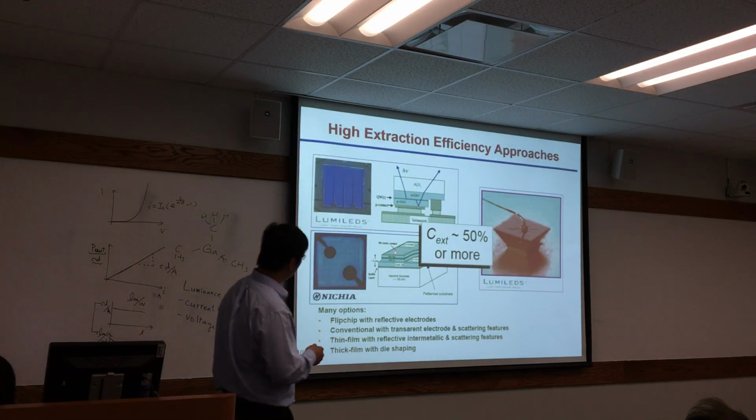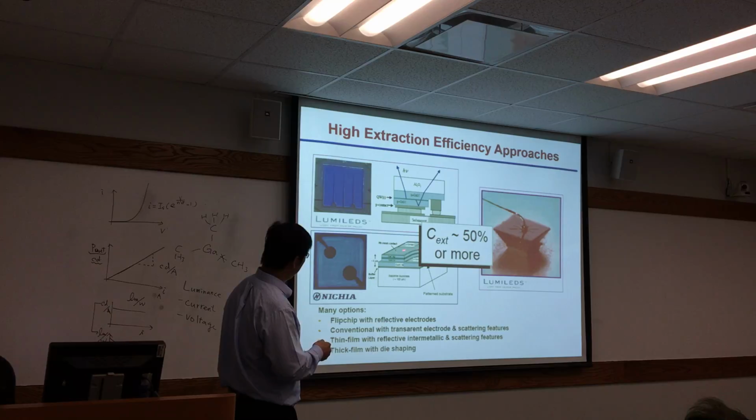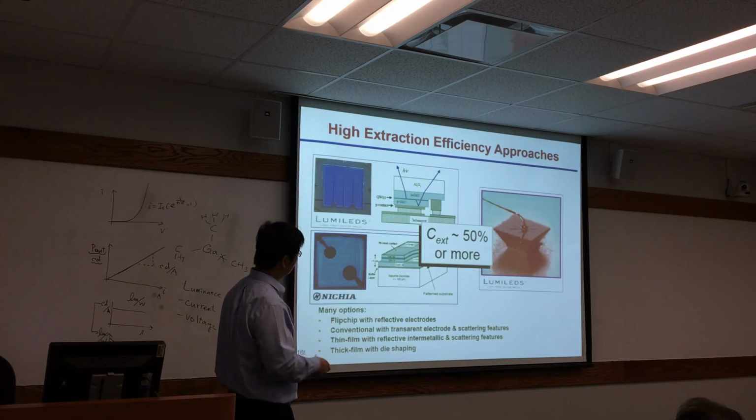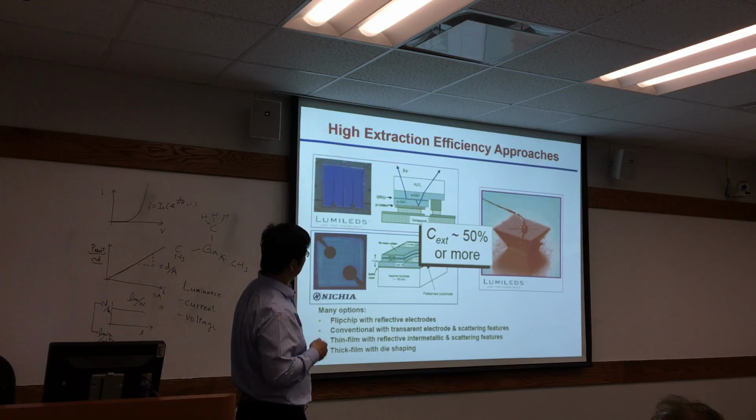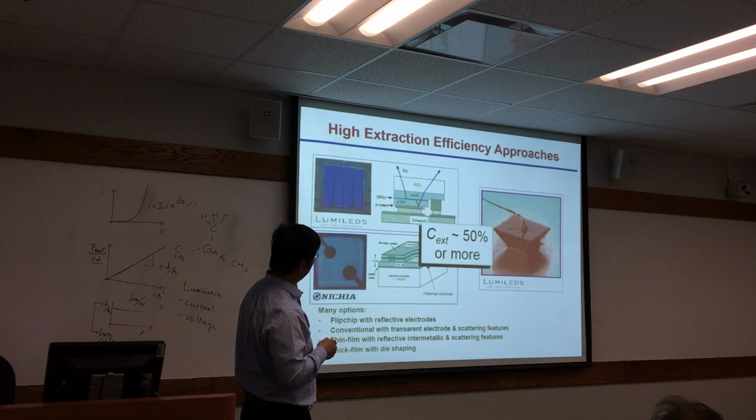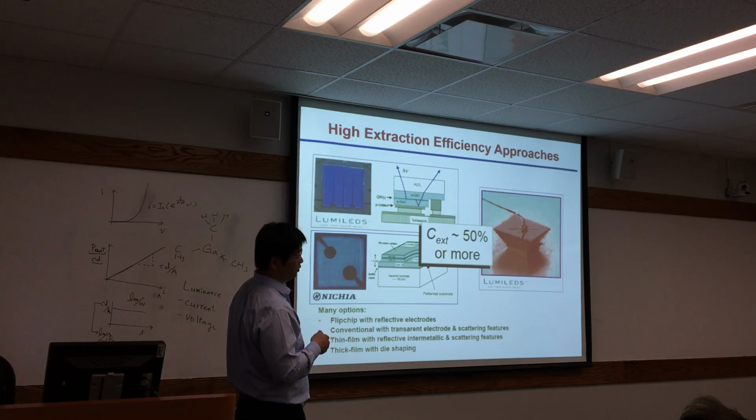For example, here they use the metal mesh, very thin metal, to improve the current spreading. And also, some people say, why not just put it upside down? So right now for P-type, we can use some reflective metal material here. Anyway, the sapphire, Al2O3, is actually transparent, so the light can go out that way.